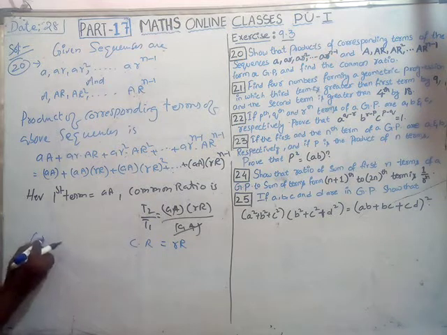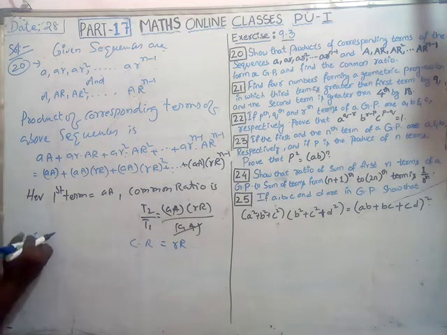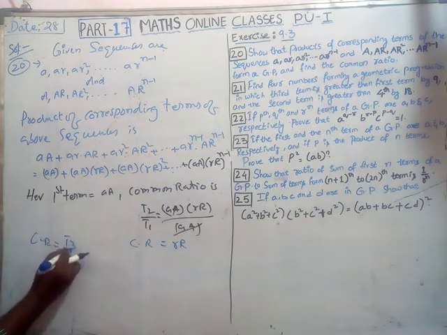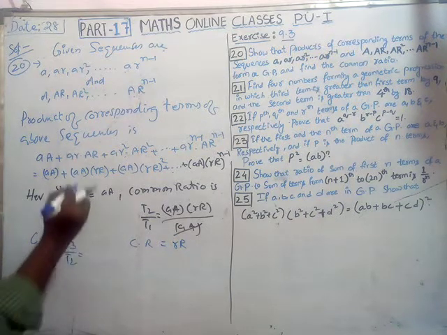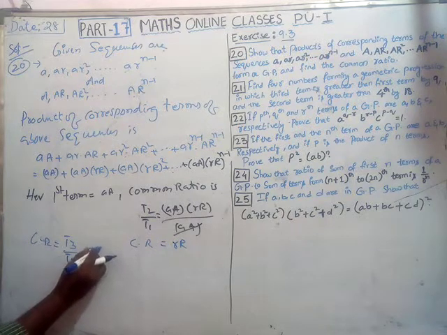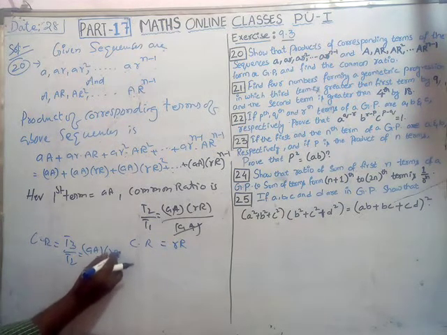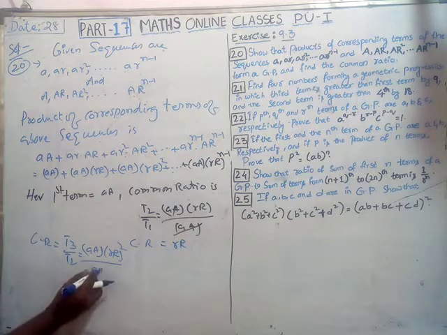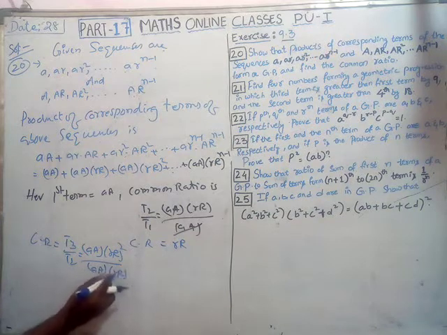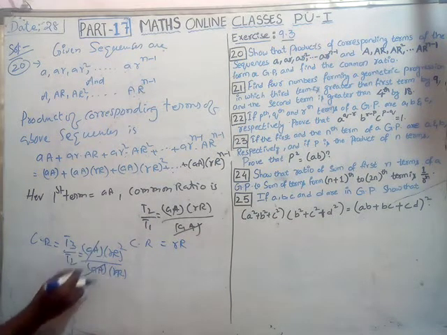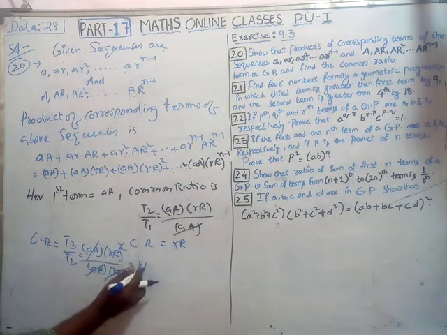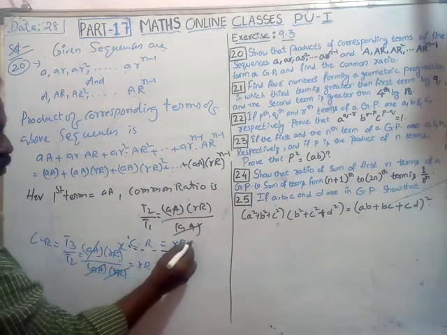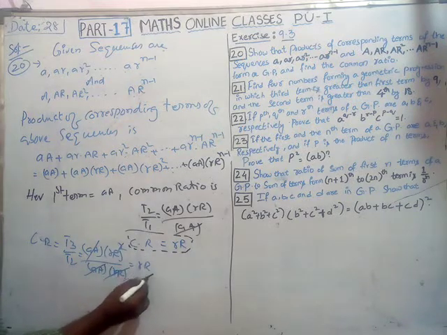Again, the common ratio is also T3 by T2. What is T3? A capital A R capital R whole square by the second term, A capital A into R capital R. So it cancels, and we get the same common ratio. Here the common ratio is the same, and here also the common ratio is the same.